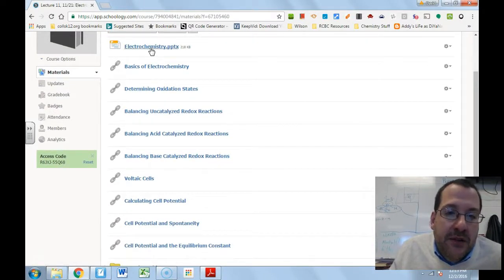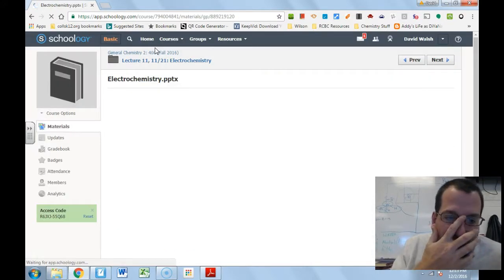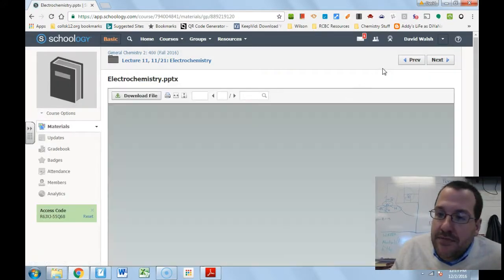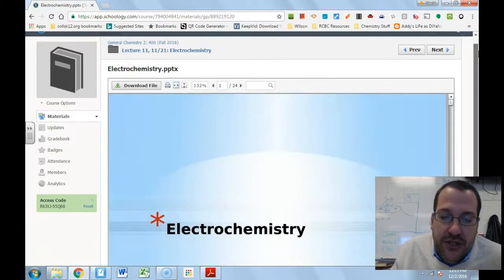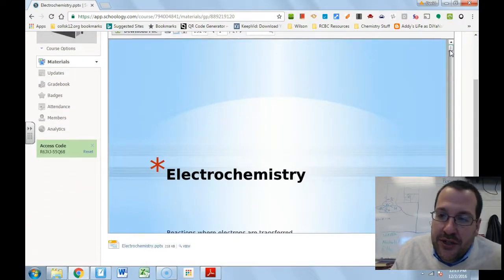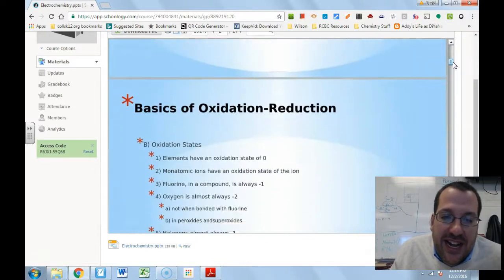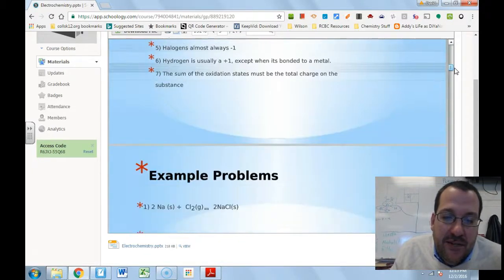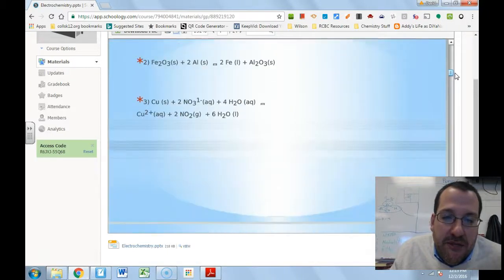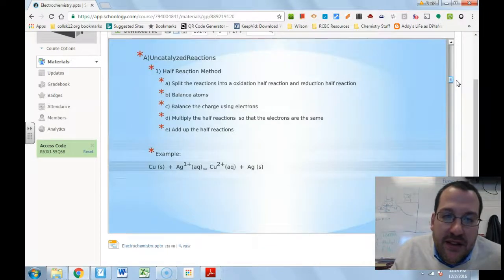Again, reviewing the PowerPoint, you can see which part of the lecture you want to go to. We talked about redox, and what that means, what's being reduced, what's being oxidized, that sort of thing.